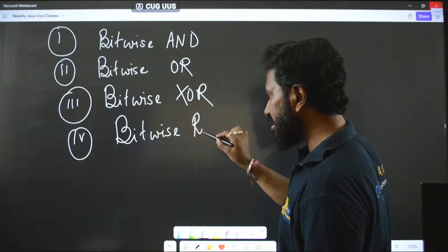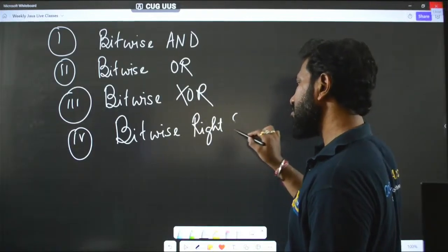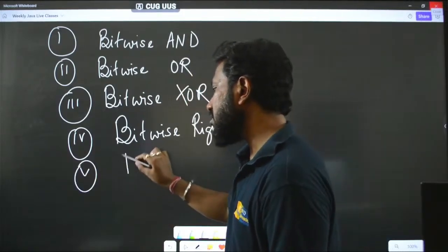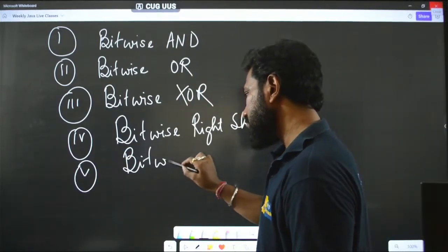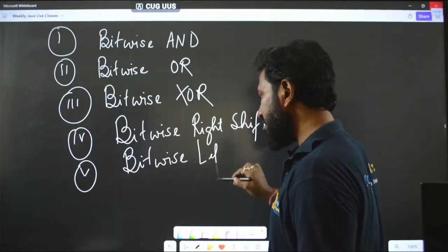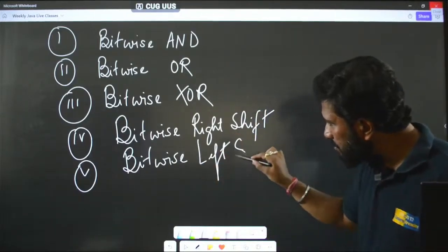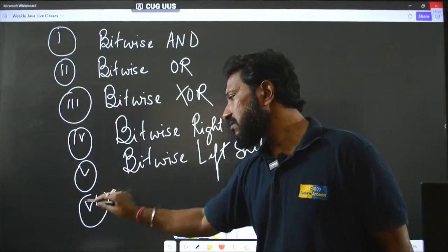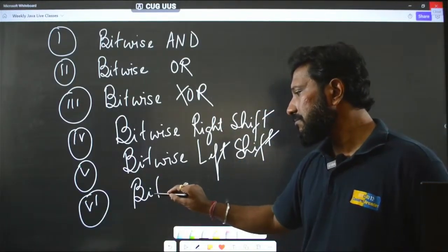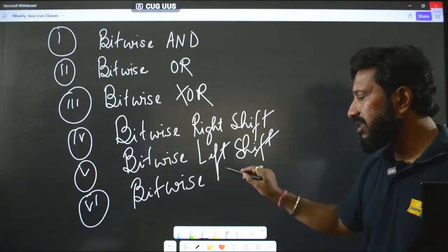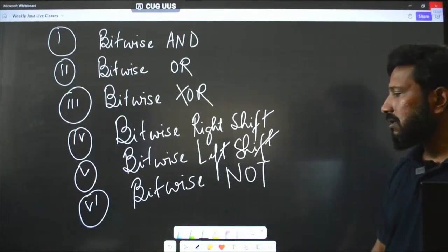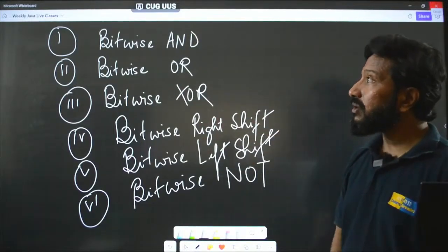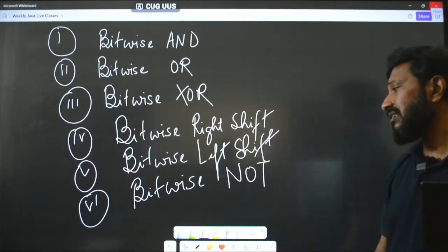So I will just write like this: bitwise right shift, and the fifth one is bitwise left shift, and then the sixth one is bitwise NOT. So these are all the operators we have: bitwise AND, OR, XOR, right shift, left shift and NOT operators.